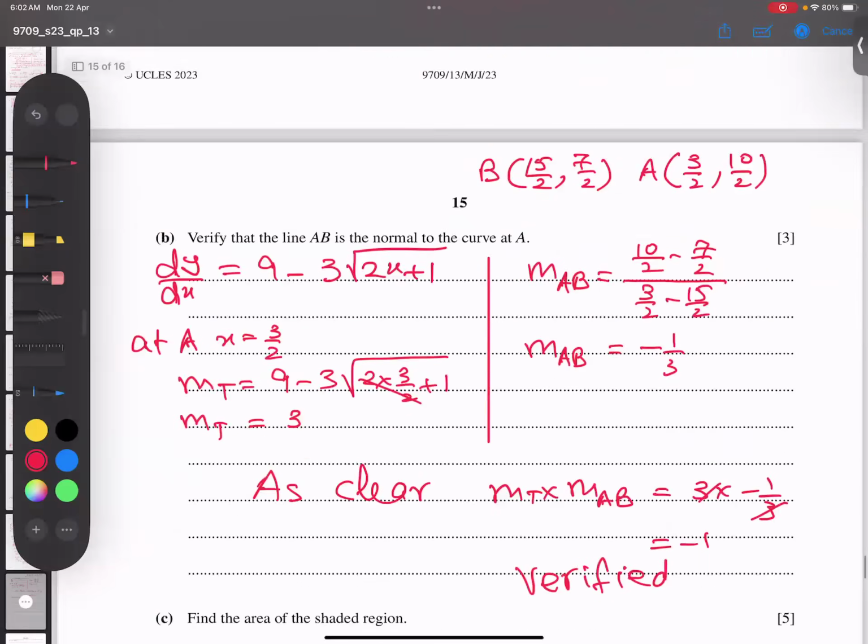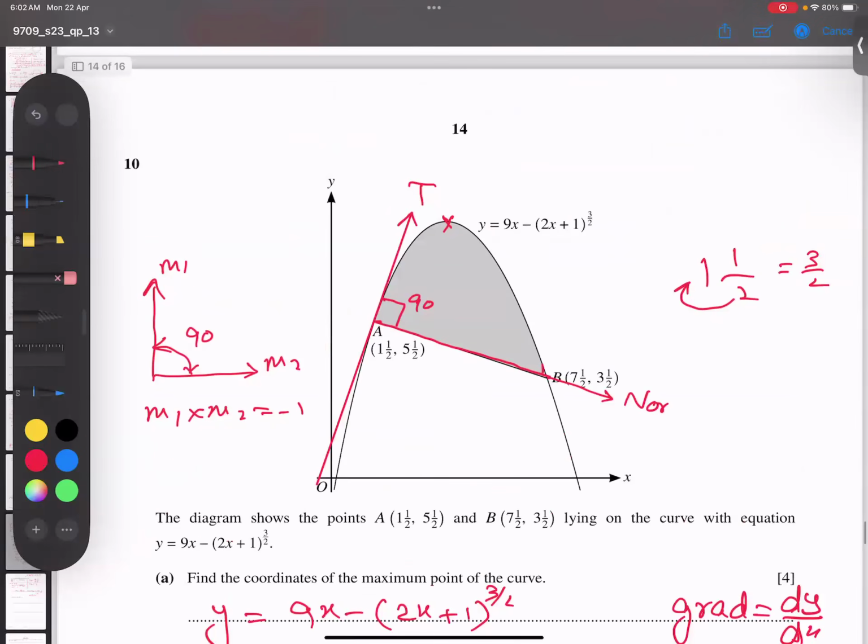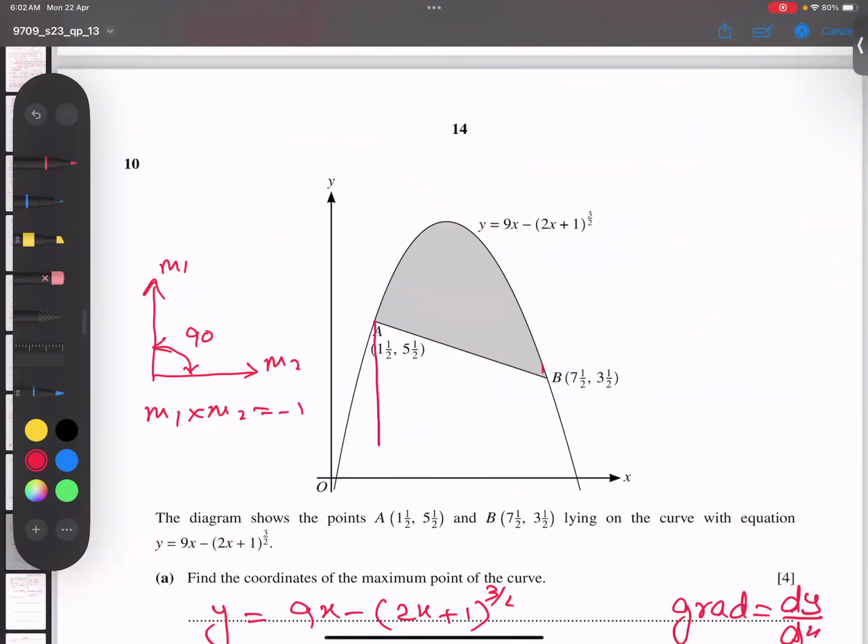Shaded area. Here some students get confused about what to do. Let me erase this diagram, then I come to the point of how we can find this area. So have a look here. This x coordinate, if I drag and show you, this x value is 3 by 2.